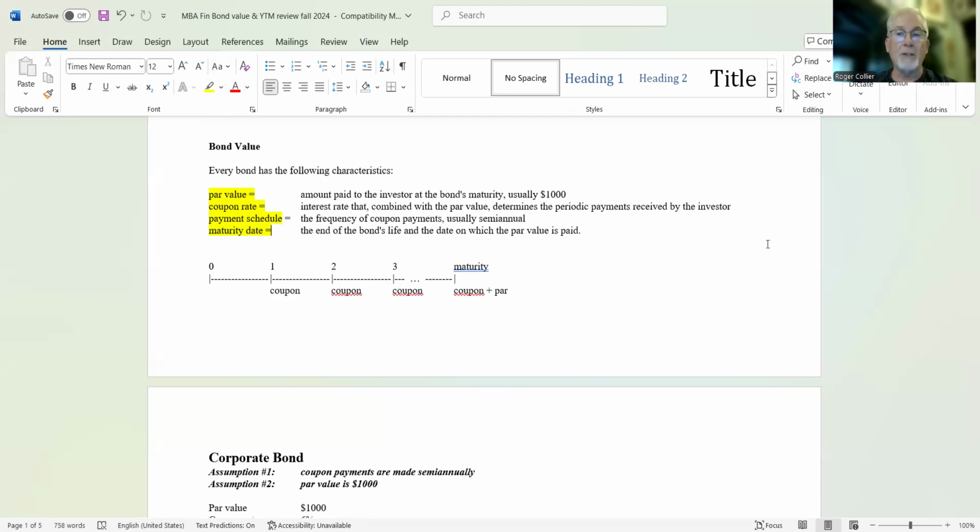Okay? Once you know those four characteristics, par value, coupon rate, payment schedule, and maturity date, you know the expected future cash flows. Now, of course, we've talked about the fact that what you expect and what you get may be different. That's the basis of risk.